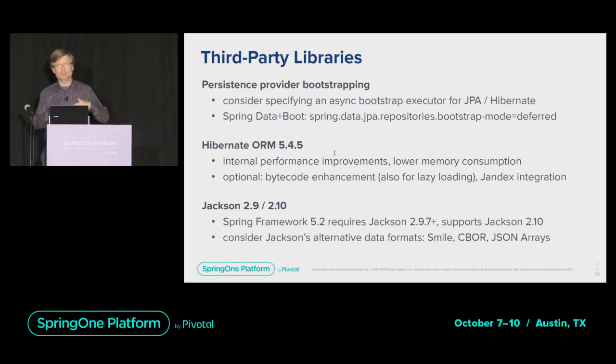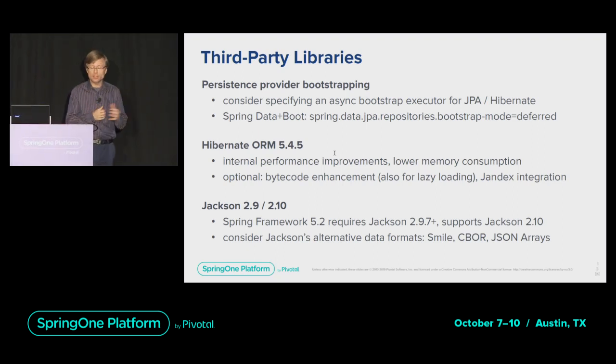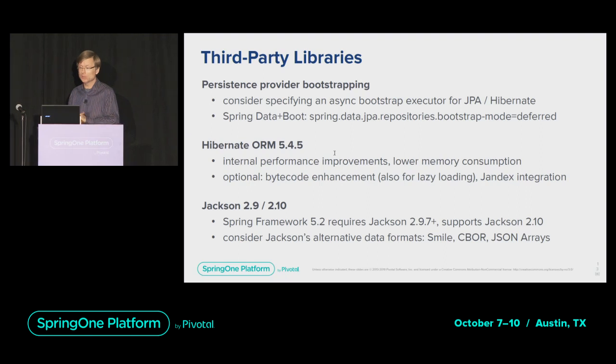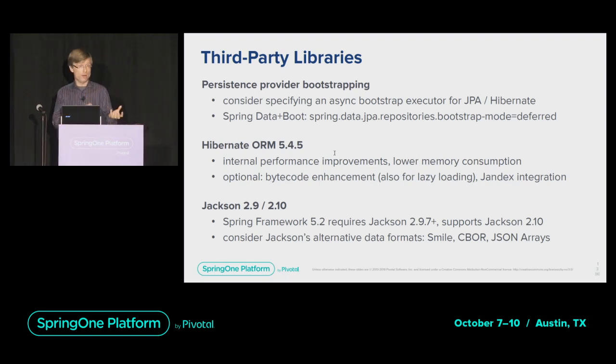Of course, JSON on its own is somewhat expensive to parse. You might want to consider some of the alternative data formats that Jackson supports that are just more efficient to parse. That's the main reason for those alternative data formats: it's simply parsing performance. That's the reason why they exist. Otherwise, you could always use JSON anyway.